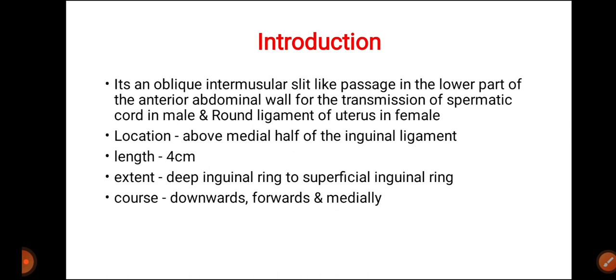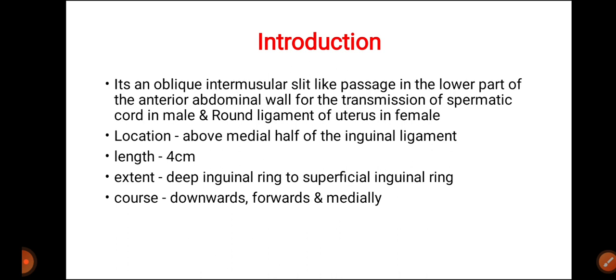What is the inguinal canal? It is an intramuscular slit-like passage in the lower part of the anterior abdominal wall for the transmission of the spermatic cord in case of males and the round ligament in case of females. Where is it located?